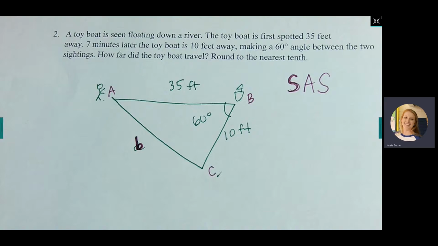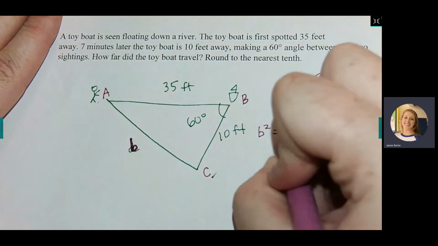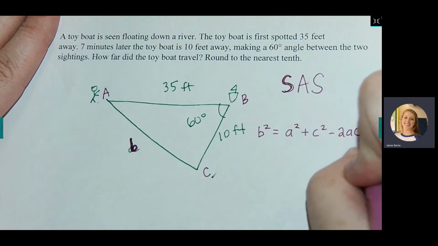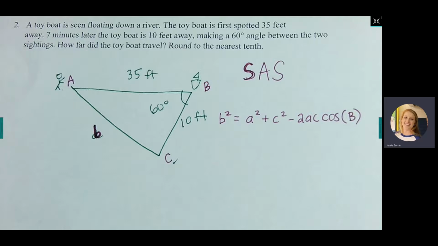All right, so remember how you figure out which version of the law of cosines you're using. You look and see, okay, which angle do I know? I know the angle B, so I'm going to use the middle version of the formula. So b squared equals a squared plus c squared minus 2ac times cosine of B. So write your little formula down. Okay, then just fill in what you know.